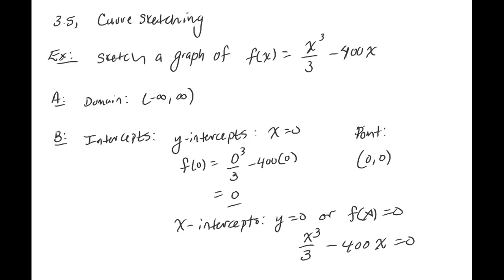First thing I want to do is, there's an x in both terms, so I'm going to factor that out. I get x times (x squared over 3 minus 400) is equal to 0. I can set each factor equal to 0 and solve.